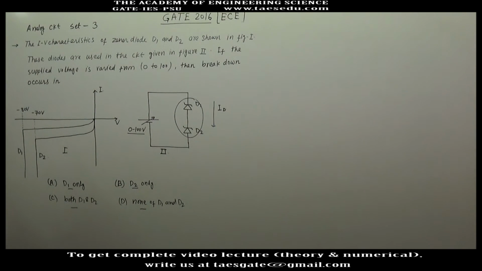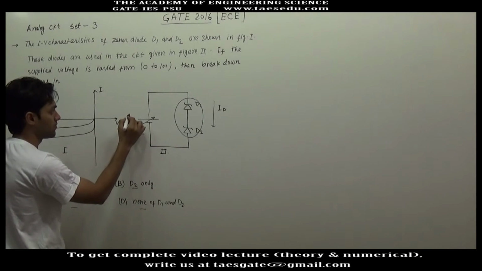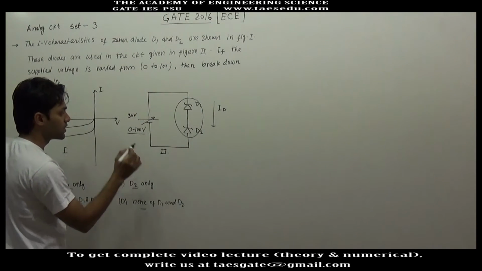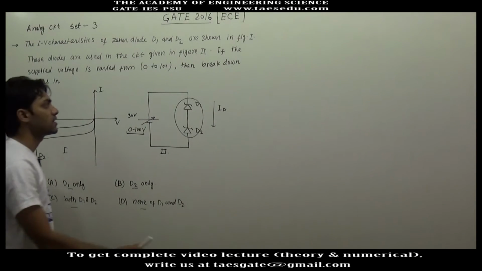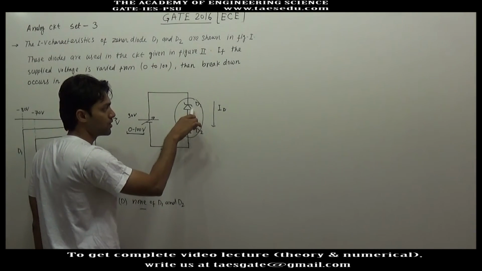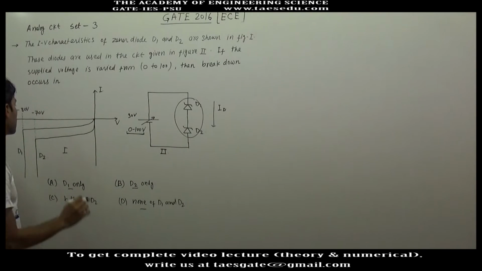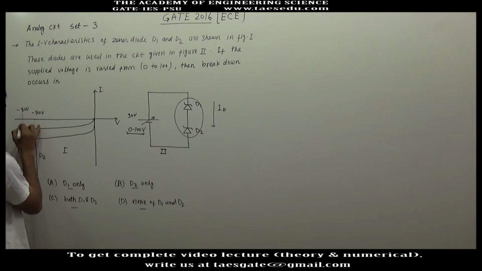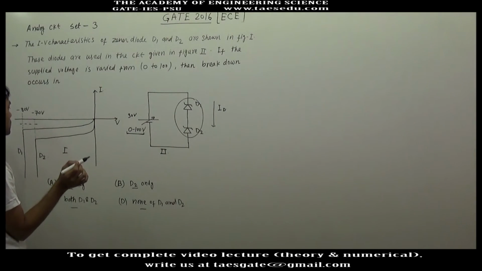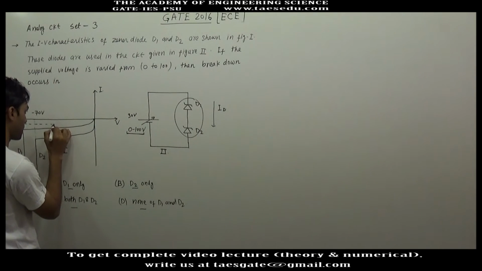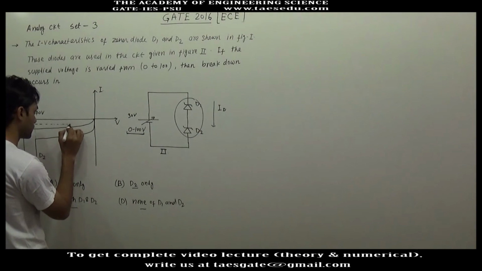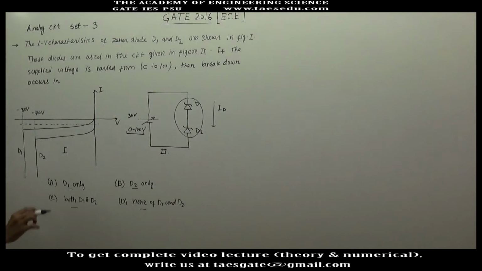And let us assume that for some voltage, let's say we have 30 volt or any voltage between 0 to 100 volt, there is some value of current that is flowing through diode D1 as well as through D2. I'm not taking any numerical value, instead I'm showing some height in the graph for that value of current. This current is flowing through D1 and D2.